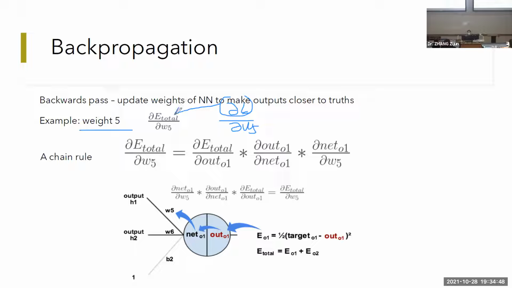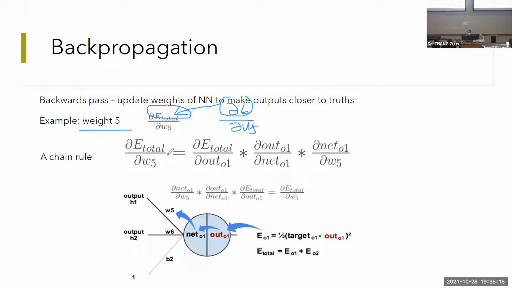The loss is the total error. We take the derivative of this loss against weight 5. However, the analytic form of this cannot be directly obtained.